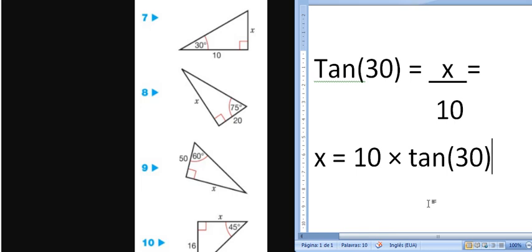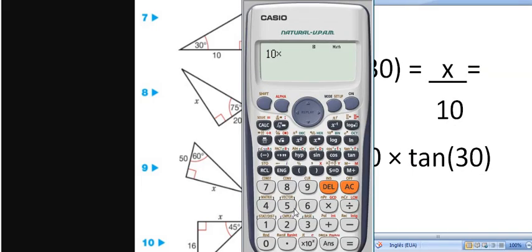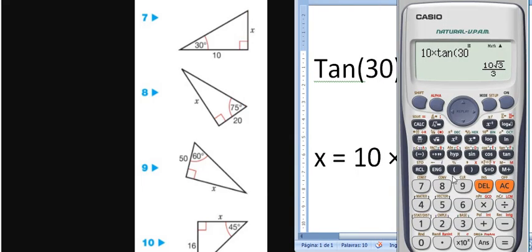Okay, so let's go for it. 10 times the tangent of 30. Okay, equal. When I have this answer, remember, if you want it in decimal numbers, you can switch it by using this button here. 5.77, okay, for this first side here.